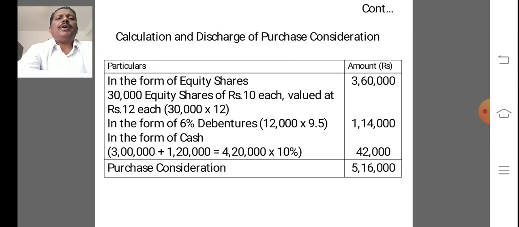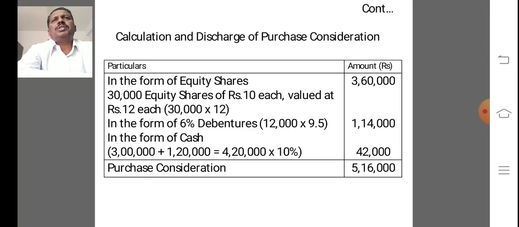So in the form of equity shares, 15,000 into 12, 1,80,000, half of 3,60,000. 6% debentures, that is 6,000 into 9.50, 57,000, half of 1,14,000.